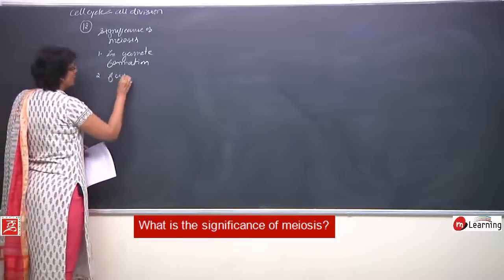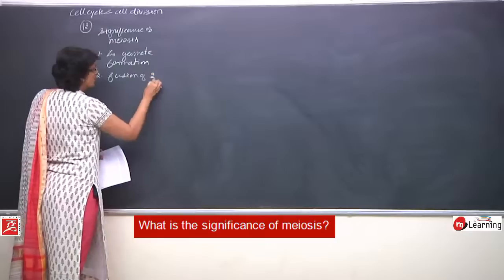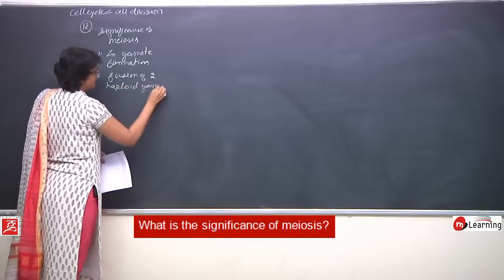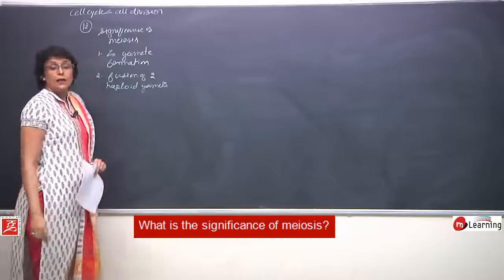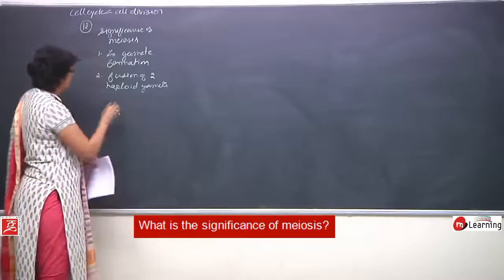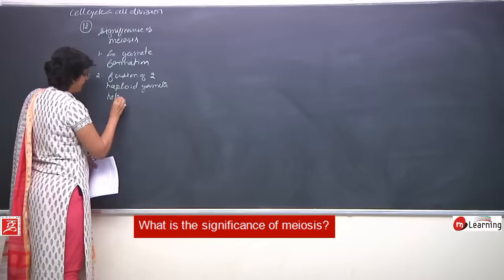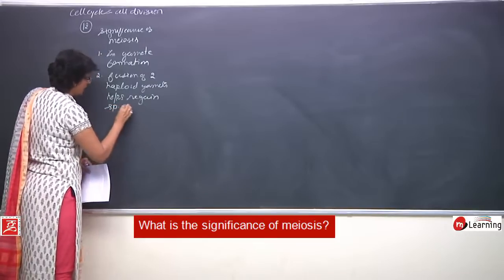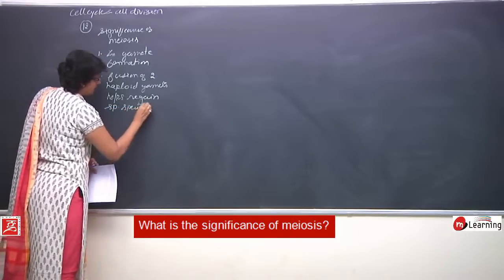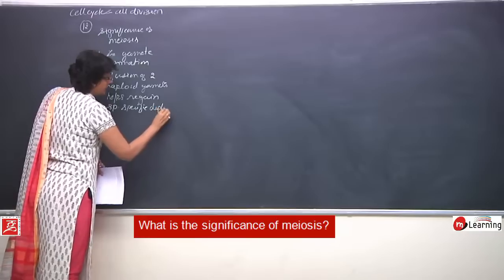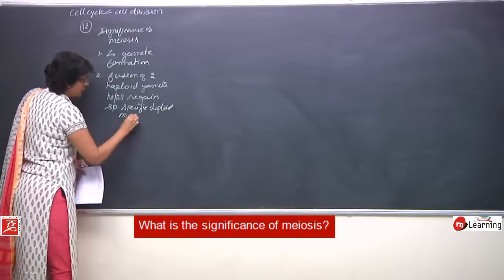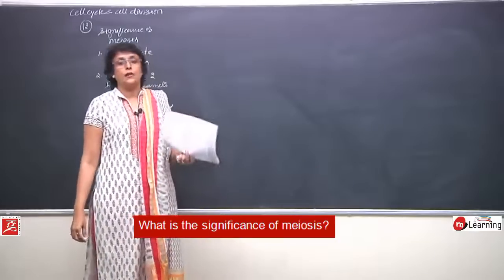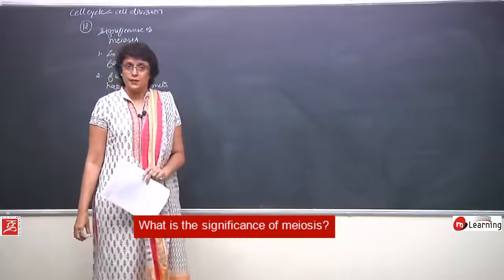So fusion of 2 haploid gametes helps regain the species specific diploid number of chromosomes. In humans the diploid number is 46.